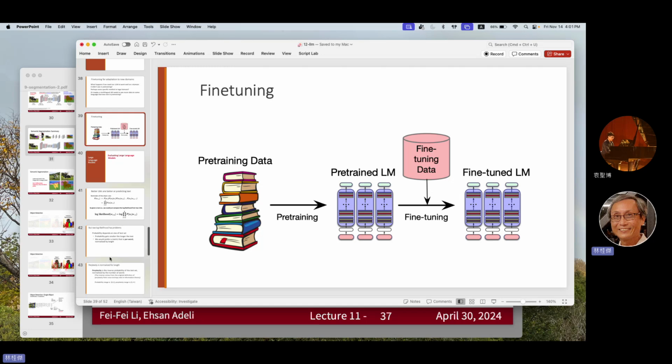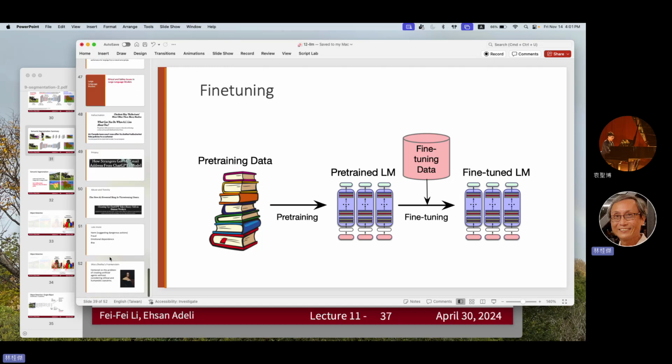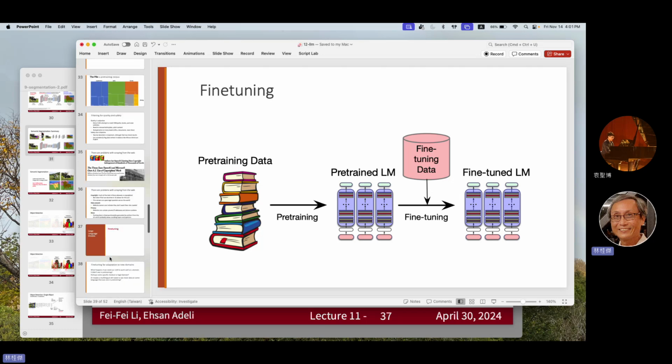Okay, so we gave a general introduction to the large language model, without talking about specific technologies inside of them, like transformer, like attention, which we will cover after next week.